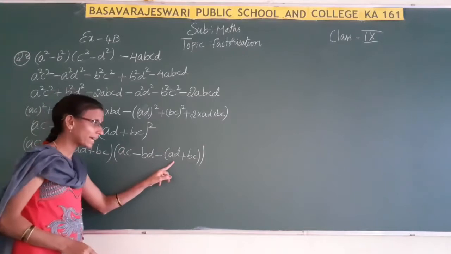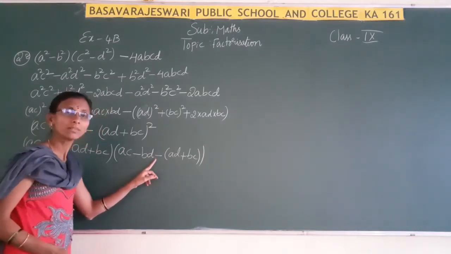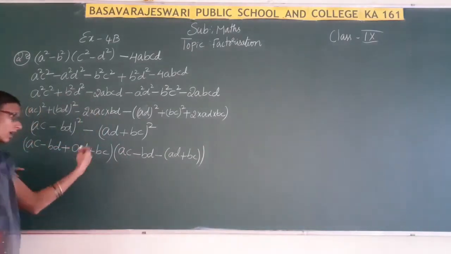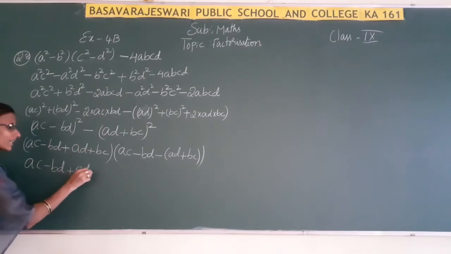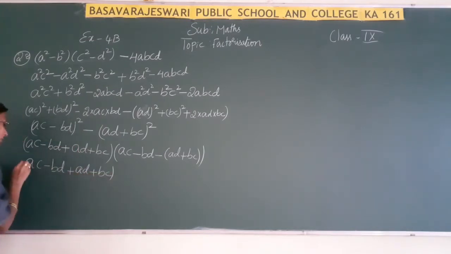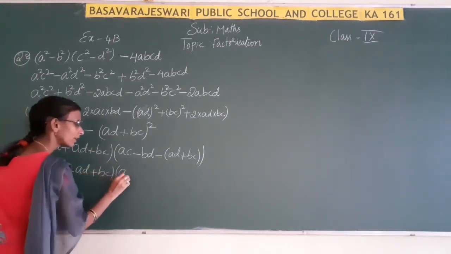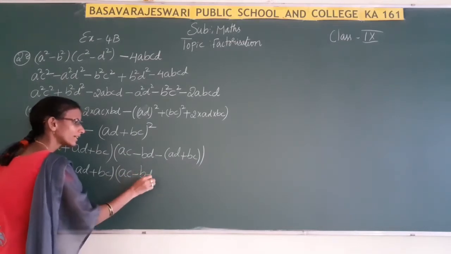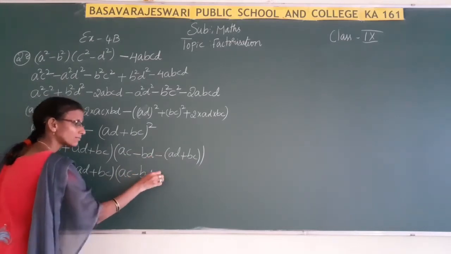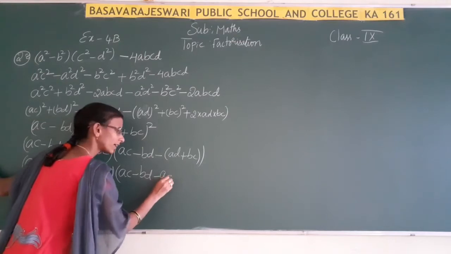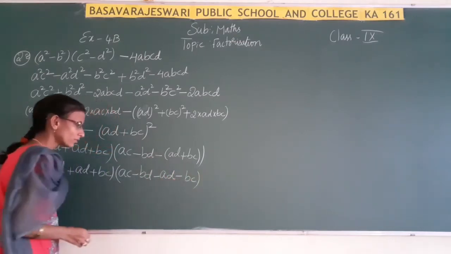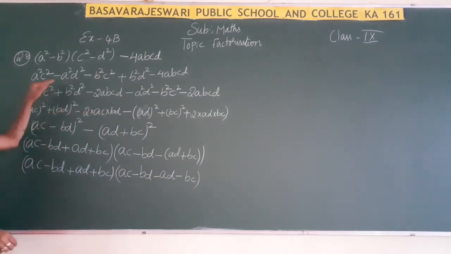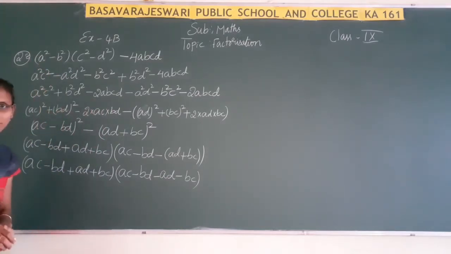We put this in a bracket because we have minus here. Now remove that bracket. What do we get? ac minus bd plus ad plus bc into ac minus bd, minus into plus is minus ad, minus into plus is minus bc. So now these are the factors of this expression.